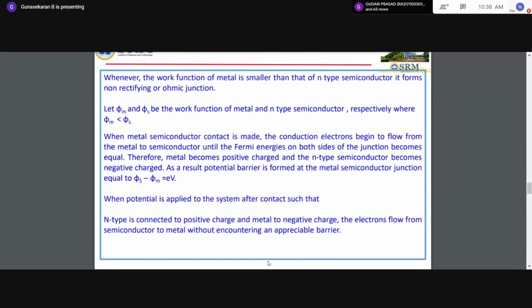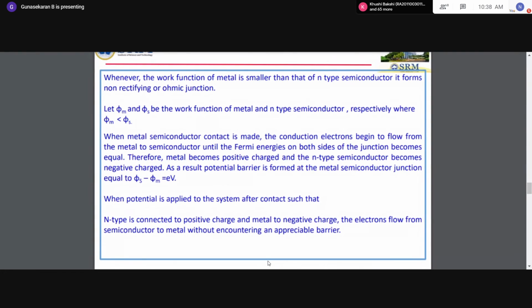Once the metal is connected to either n-type or p-type semiconductor, electrons begin to flow from the metal to the semiconductor until the Fermi levels on both sides of the junction become equal. Due to this, the metal gets more and more positive, and the semiconductor gets more and more negative.